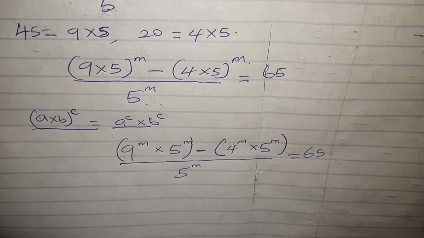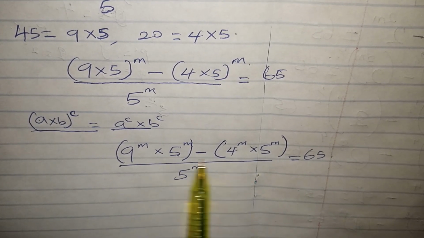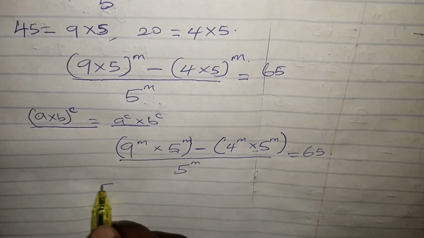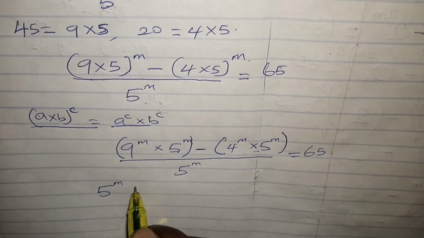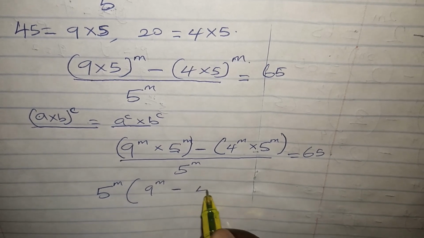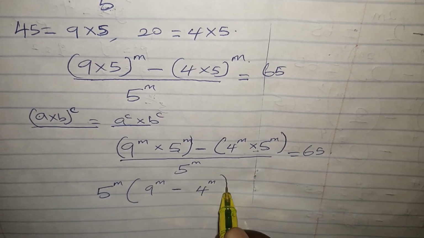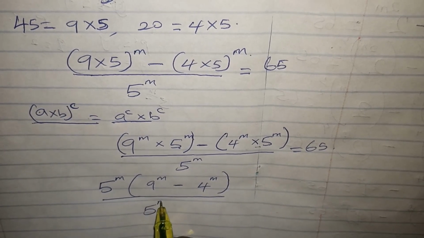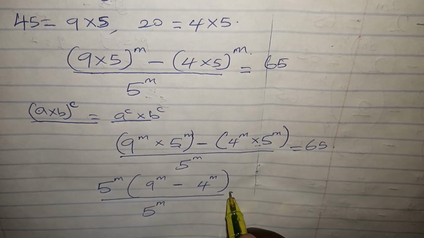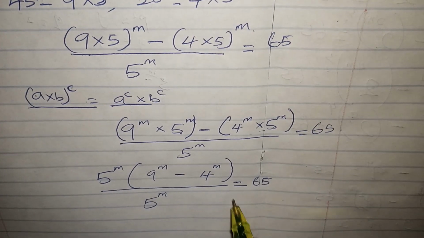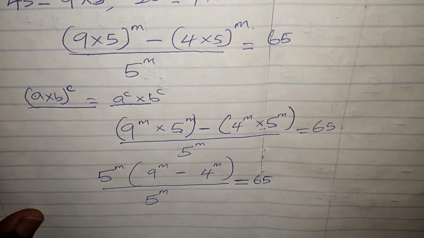We can see that 5 to the power of m is common between them. So if we factor out, we have 5 to the power of m, open bracket, 9 to the power of m minus 4 to the power of m, close bracket, over 5 to the power of m, equals 65.